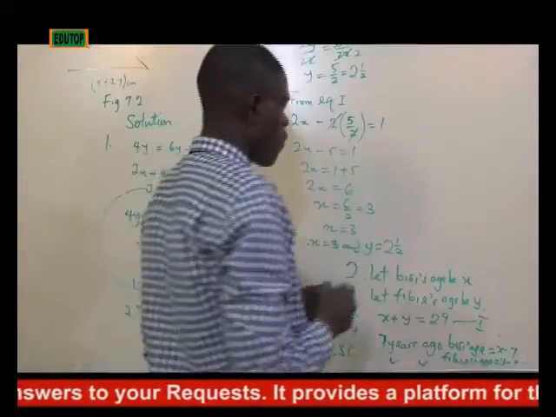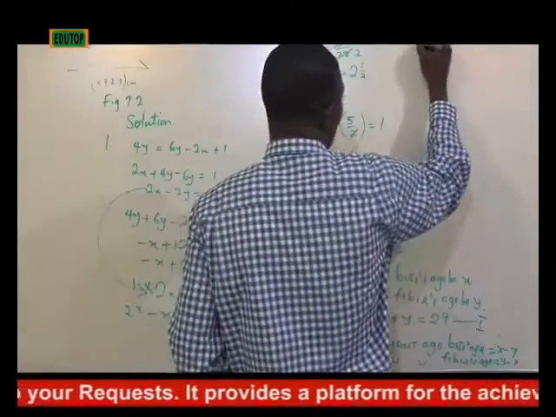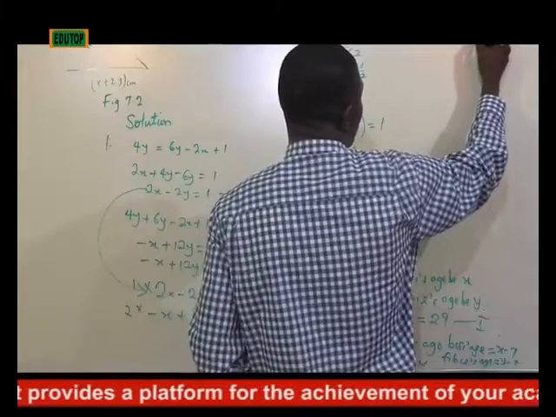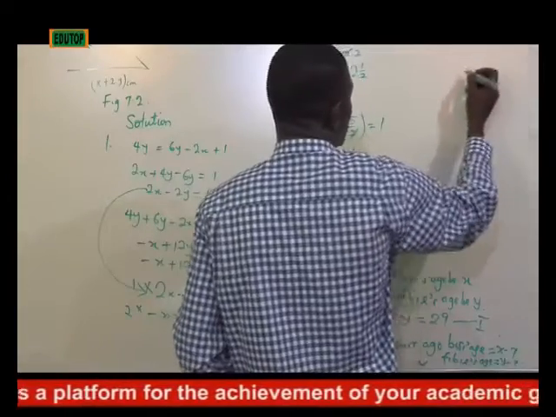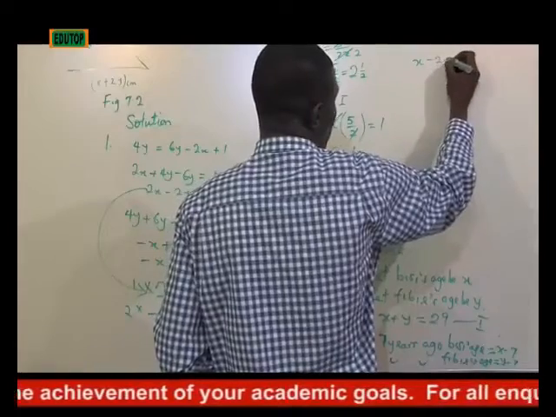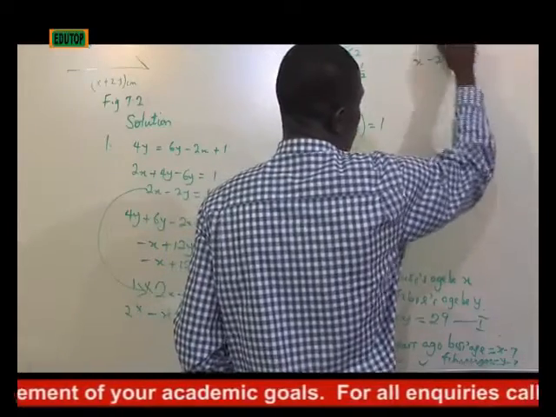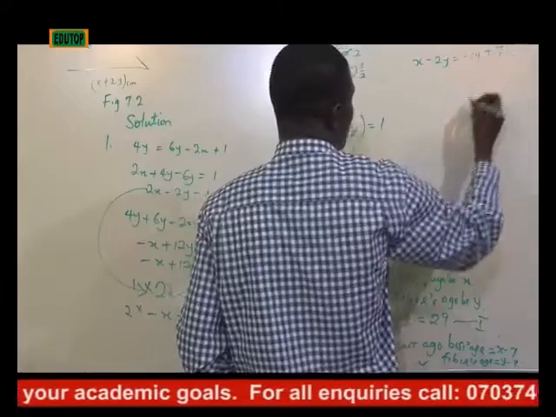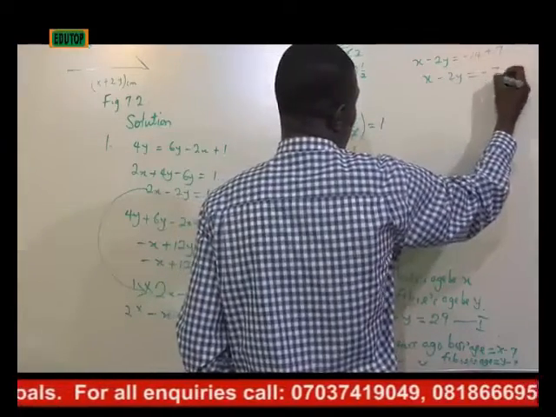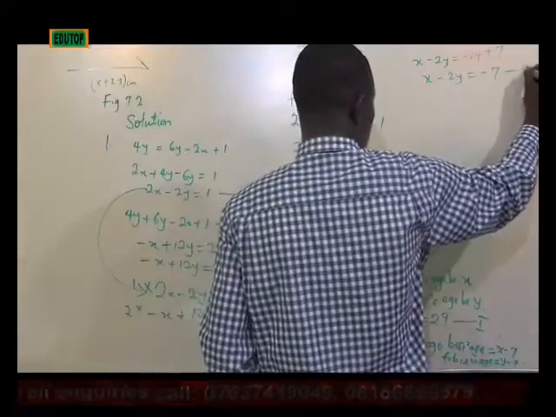So if you simplify this, we have X minus 7 equals 2Y minus 14. We bring the 2Y to this side, it becomes minus 2Y. Then minus 14, when it comes to this side, becomes plus 7. Then it becomes X minus 2Y equals minus 7. Let's call this equation 2.